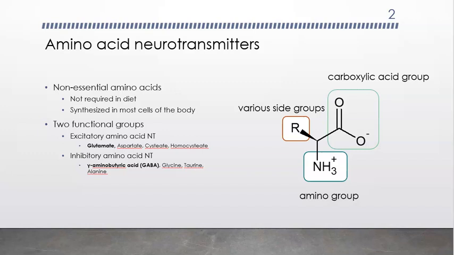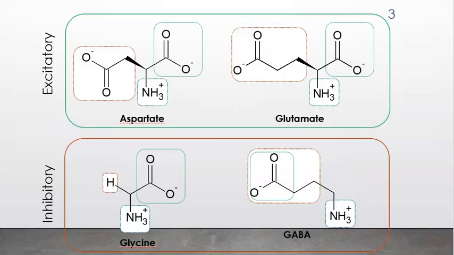So know what makes the amino acid neurotransmitters different from our monoamines, and how we break up the functional groups. Here we're showing the two most common excitatory amino acid neurotransmitters and the two most common inhibitory.